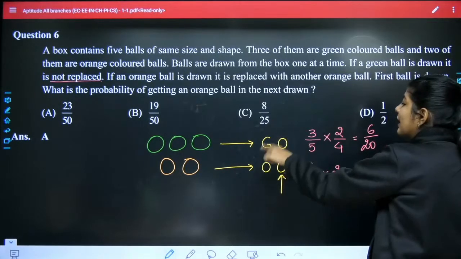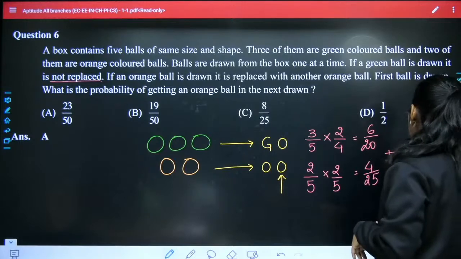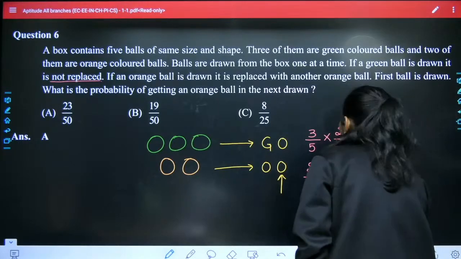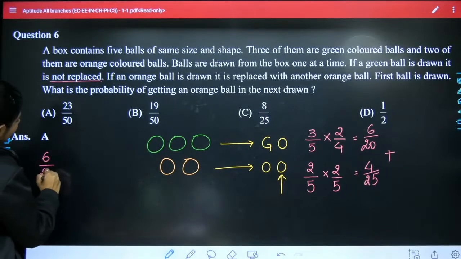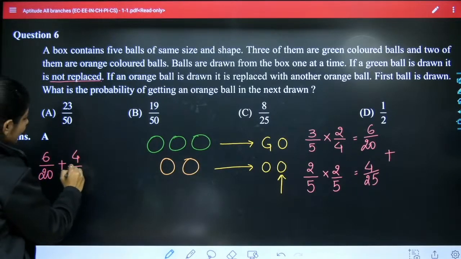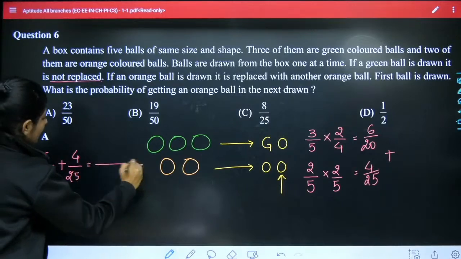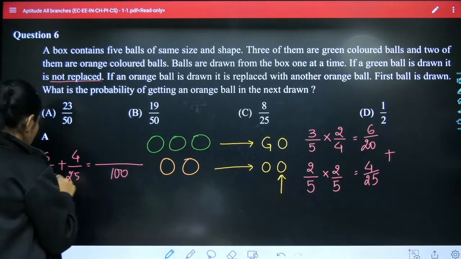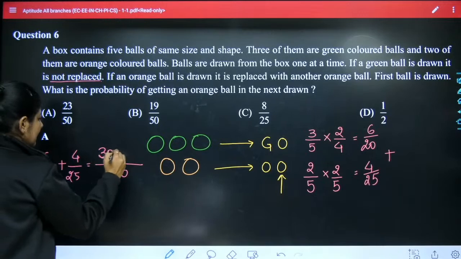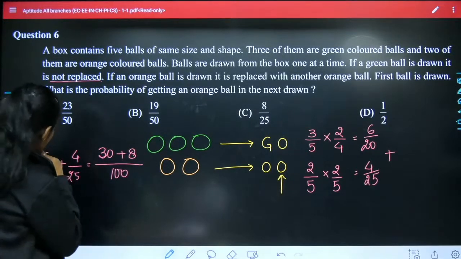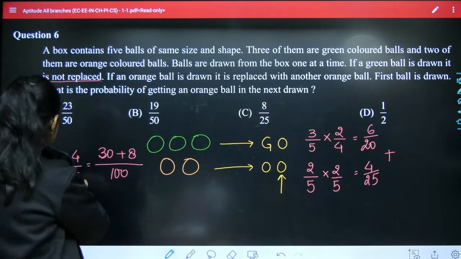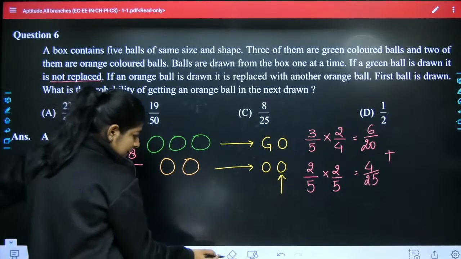Now these both are different cases, so we need to add these. So we can write it as 6 by 20 plus 4 by 25. 100 is the LCM. So here we can say 30, 16, sorry, this is 16.